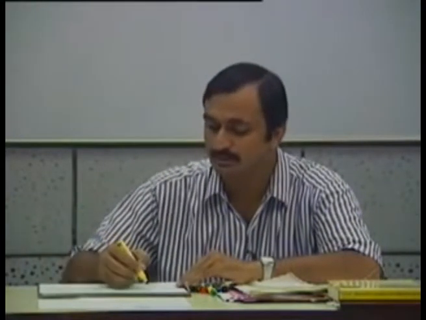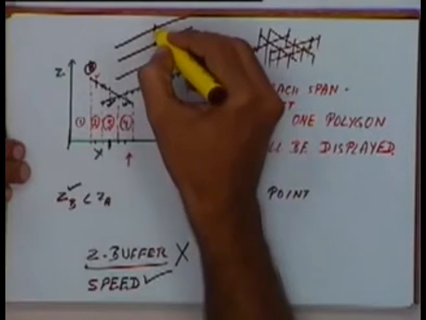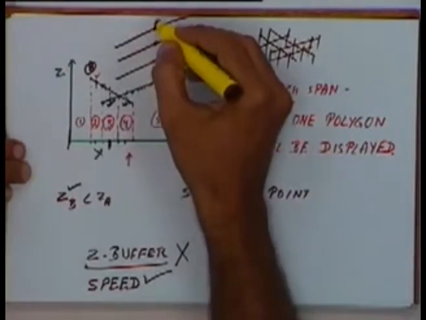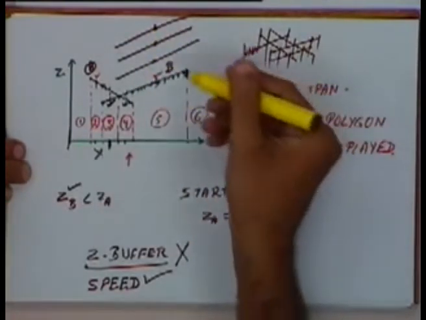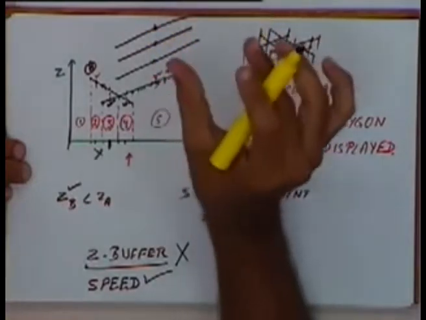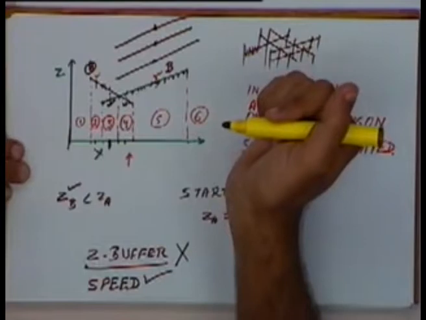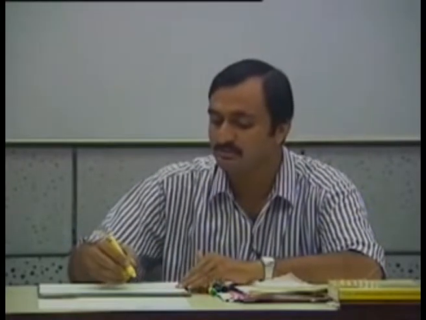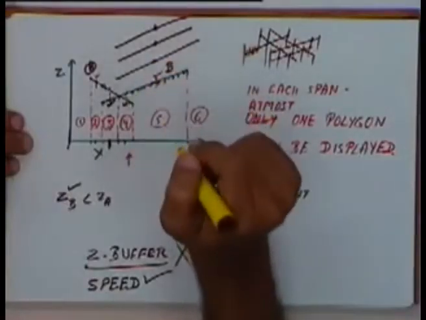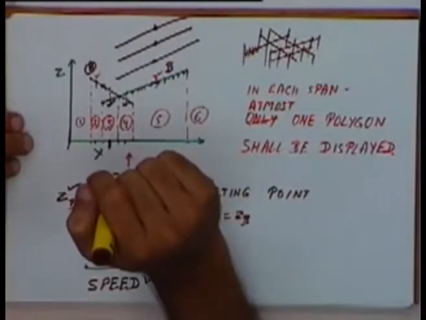Okay, what you're saying is to compare the Z value at the midpoints. You will maintain a Z buffer. You don't need that. You only need to maintain one variable as to which is the closest polygon. You don't need to maintain a complete Z buffer just because you want to decide which polygon is close at one particular pixel. Right.